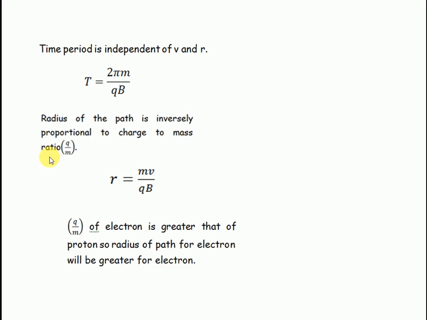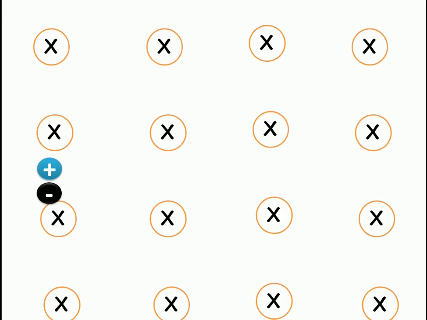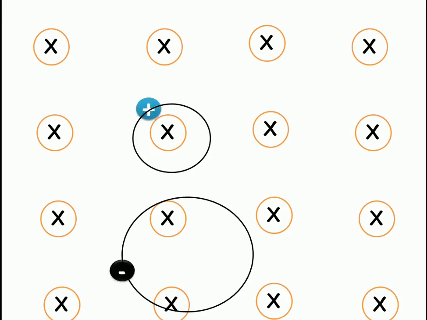The q/m of an electron is greater than that of a proton, so that is why the electron, instead of having the same charge, follows a circular path of a different radius, because it has a greater q/m ratio.